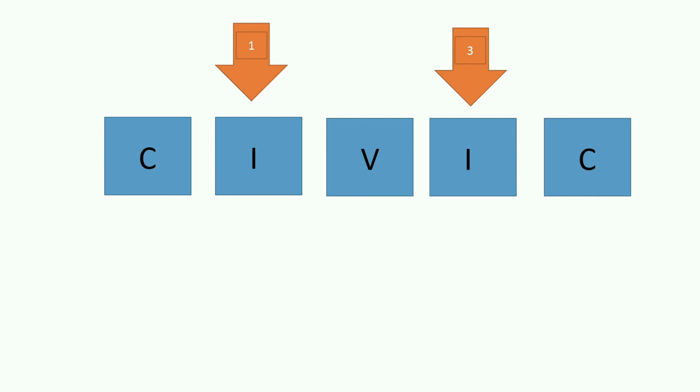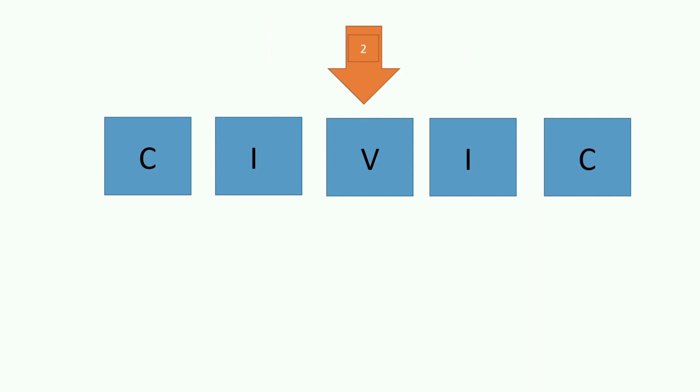Then we again compare these two characters and repeat this process unless one of the comparisons returns false or we reach the middle of these character positions. If during this time all of the comparisons returned true, it means that our word is a palindrome.